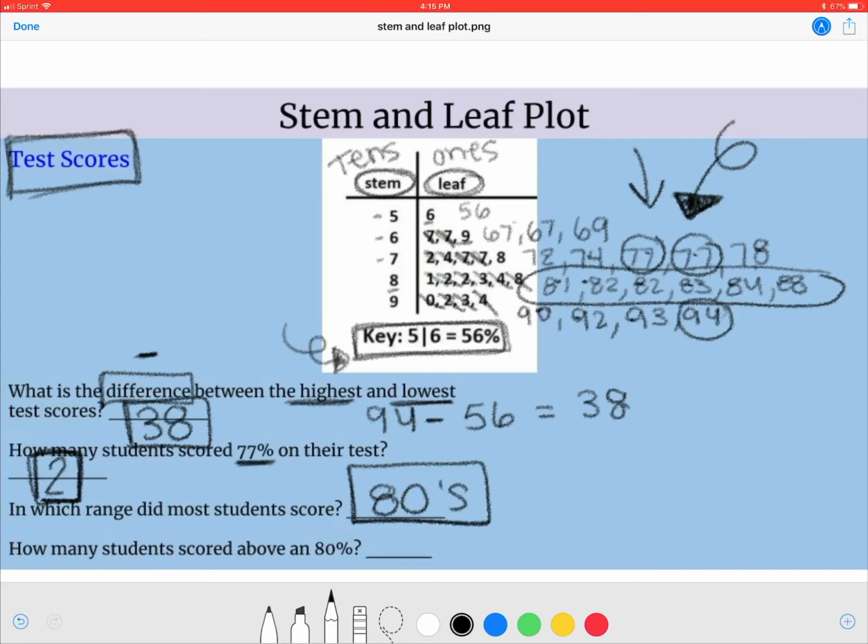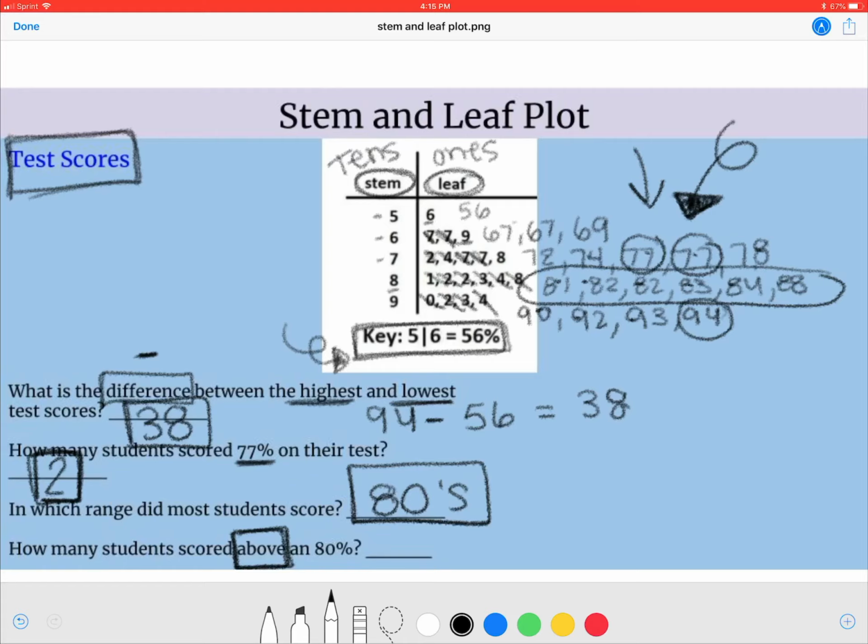Okay, and last one. How many students scored above an 80? Above an 80, very big key word. That means it can be 81, 82, 83, 84, and so on, as long as they scored above an 80.